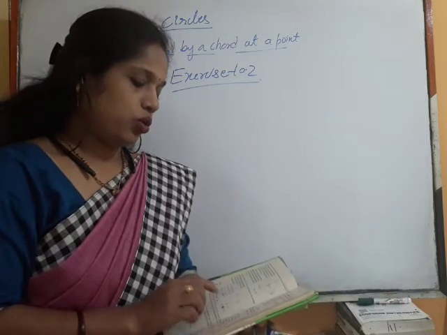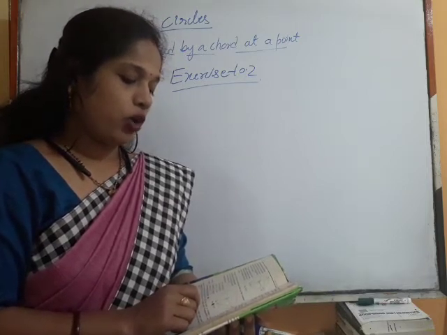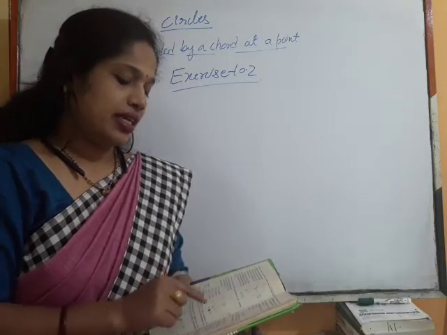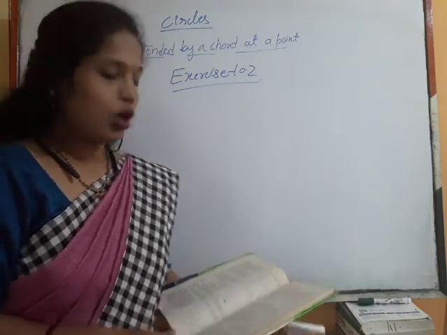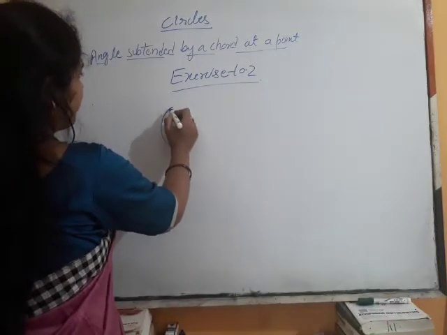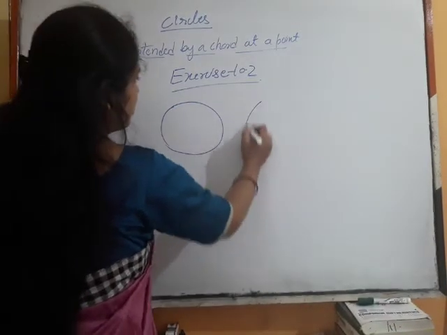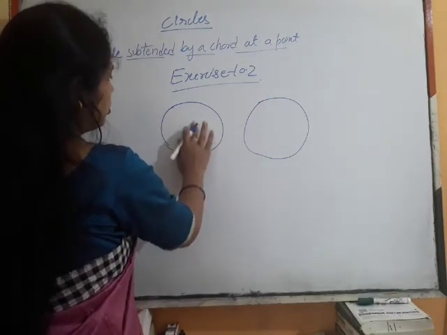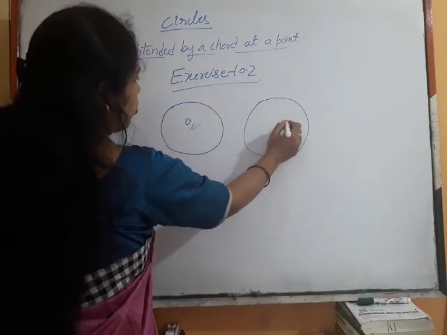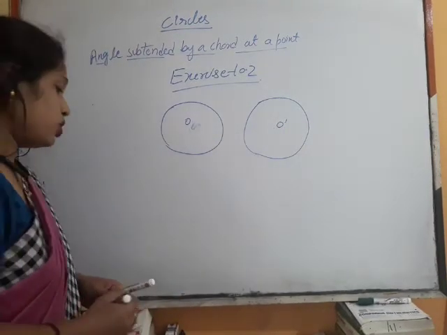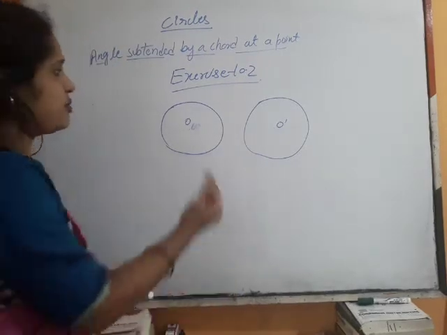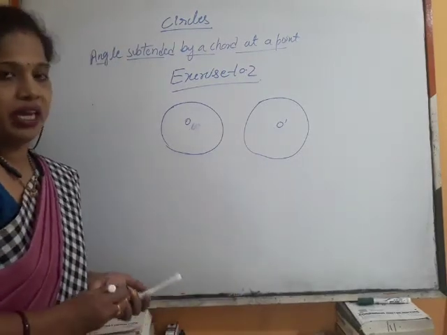So question number 2, prove that if chords of congruent circles subtend equal angles at their centers, then the chords are equal. So it is the converse of the same statement. Okay, two circles we have, of center O and center O dash, but both the circles are congruent, so the radii of both the circles will be equal.